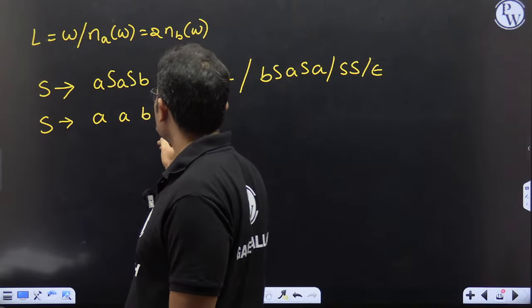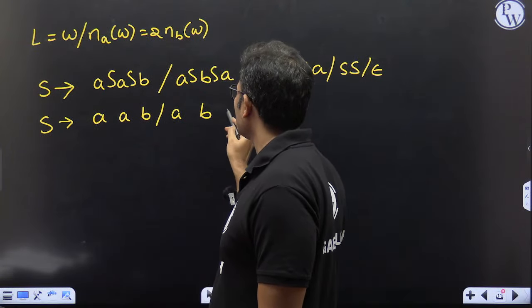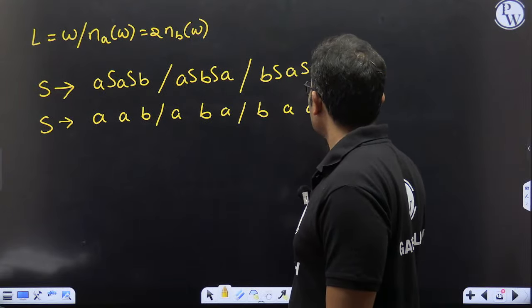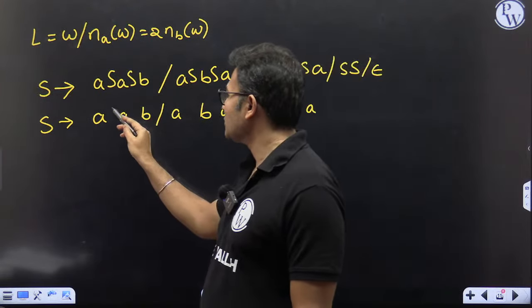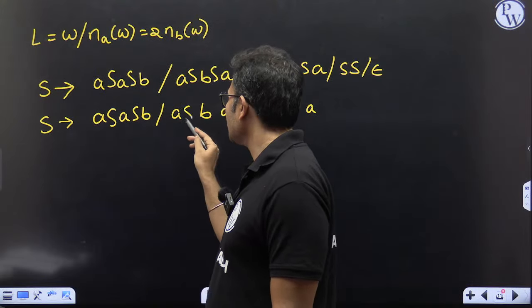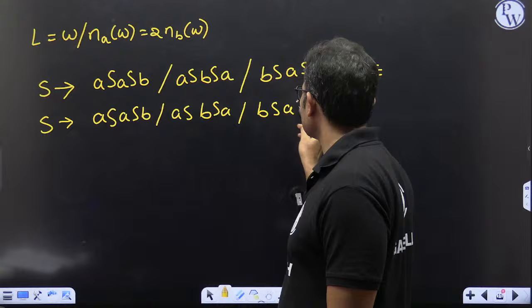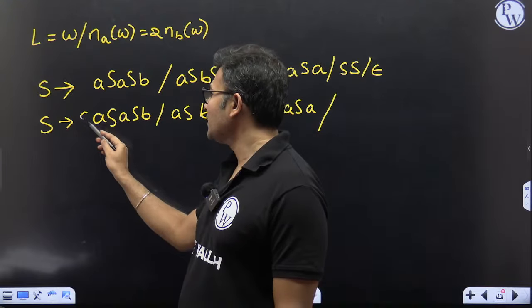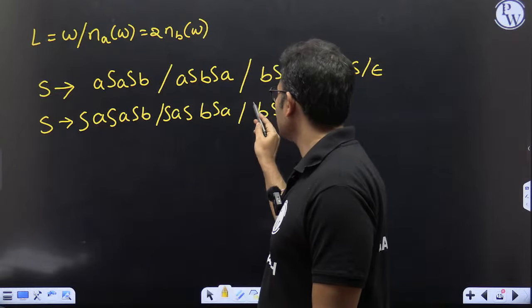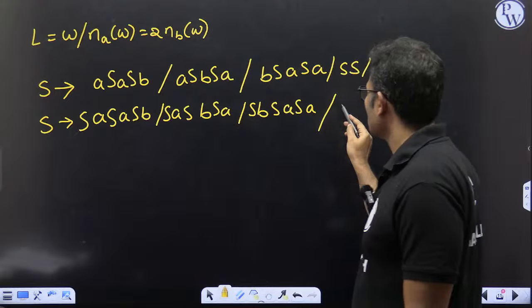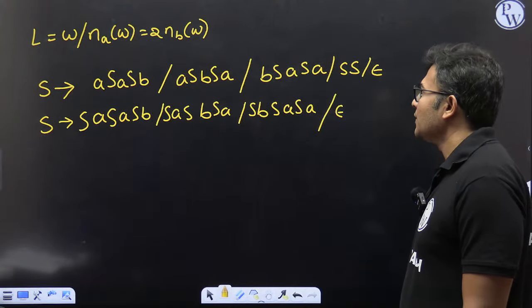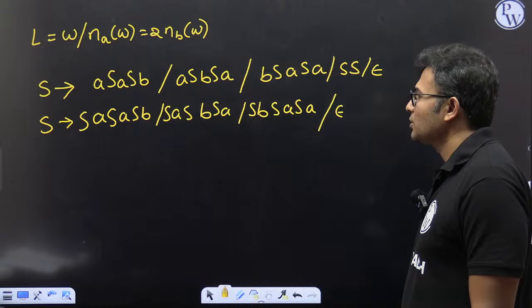AAB, ABA, BAA. Now you put SS in between. And now put S in the beginning, or you can put epsilon.